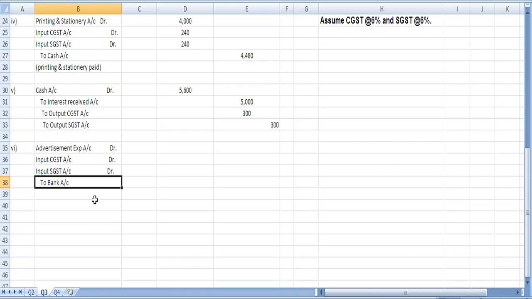Okay, so how much was the advertisement expense? It was 30,000 and 6% of 30,000 is 1,800, and the total is coming to 33,600.